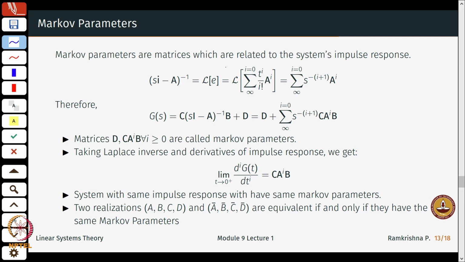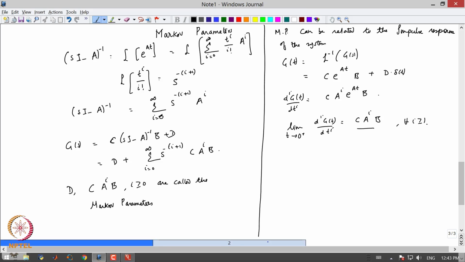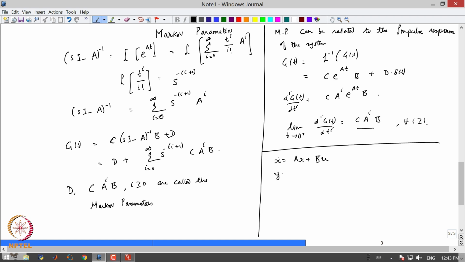Something which I will not prove, but just state as a result, is the following. Say I have a system x dot is A x plus B u, y is C x plus D u, and another realization which looks like this: x bar dot is A bar x bar plus B bar u, with the u being the same, and y is C bar x bar plus D bar u.